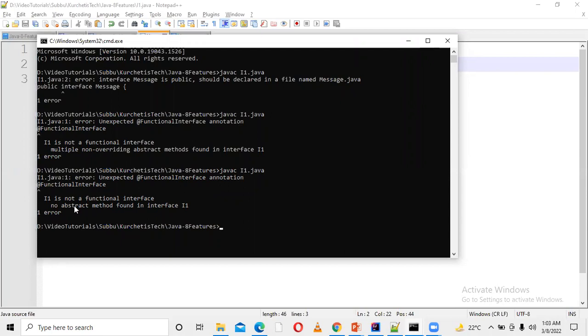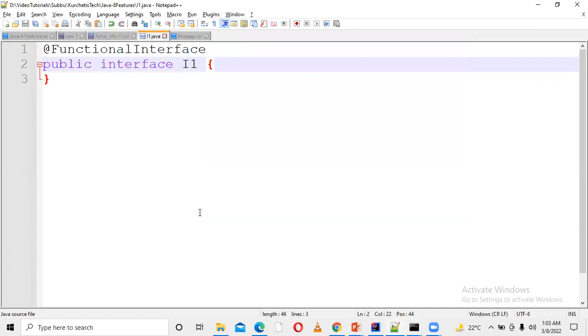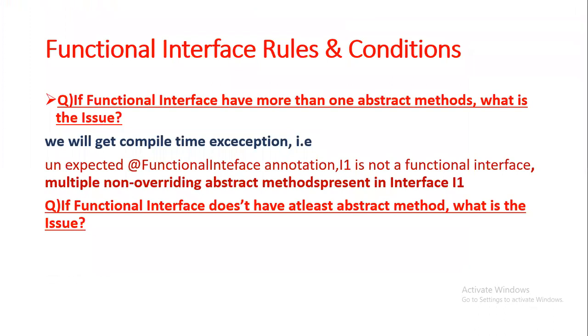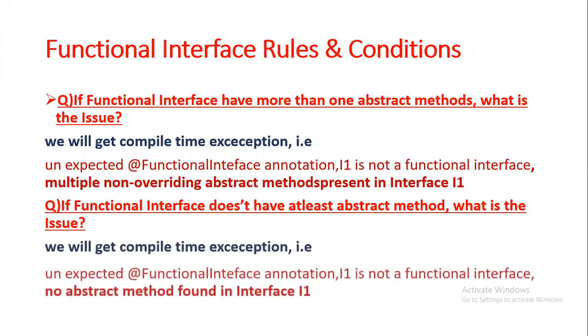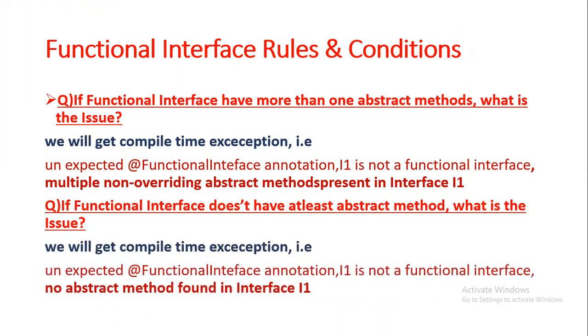I1 is not a functional interface. Why? Because no abstract method found in interface I1. At least one abstract method should be available in a functional interface, but here no abstract method is available. So that is the issue. Here also we get a compile time exception: no abstract method found in interface I1.